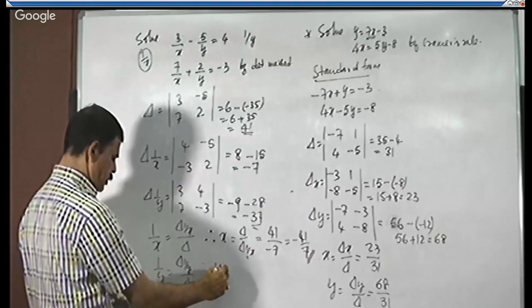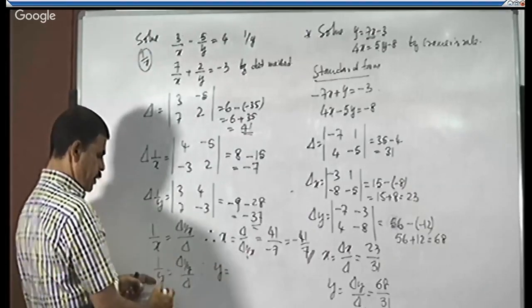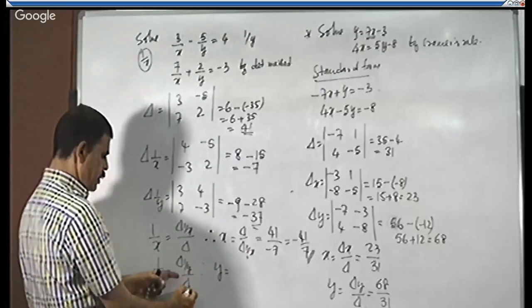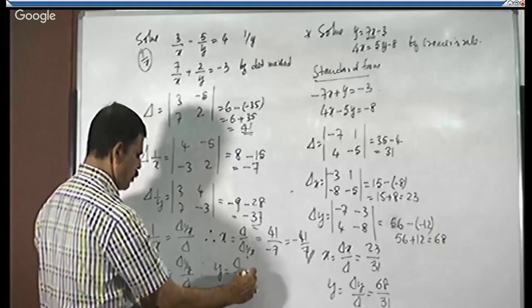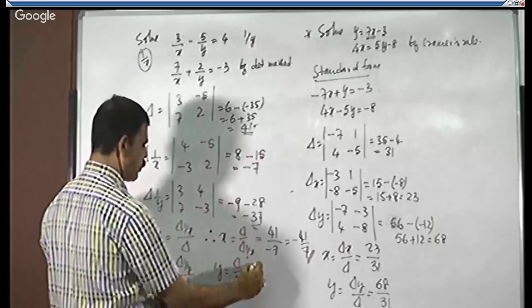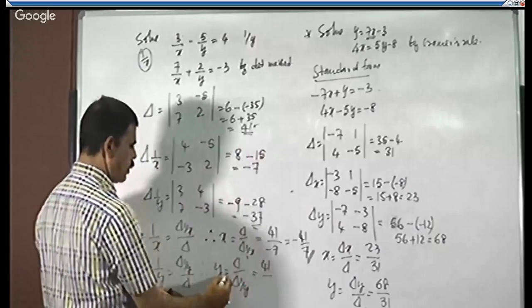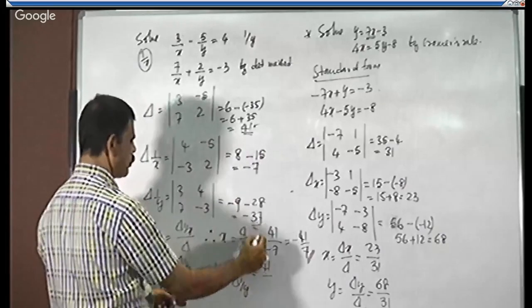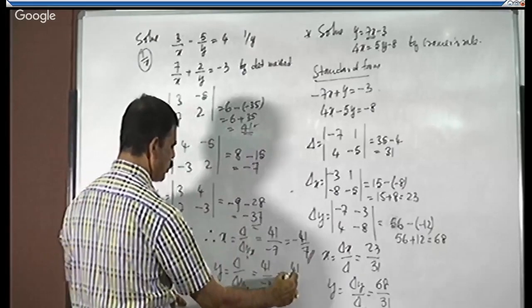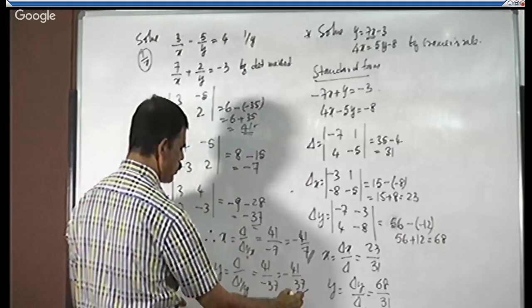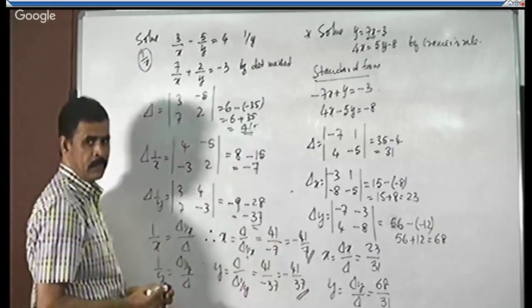Take the reciprocals on both sides. 1 by y becomes y. Delta by delta 1 by y. What is delta? Delta is 41, divided by delta 1 by y, which is equal to minus 37. If it is divisible, you divide it. Otherwise, write as it is.